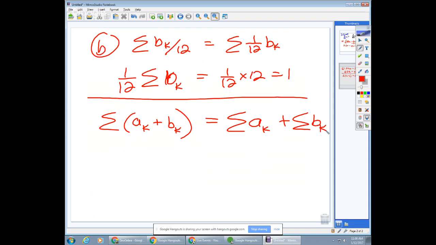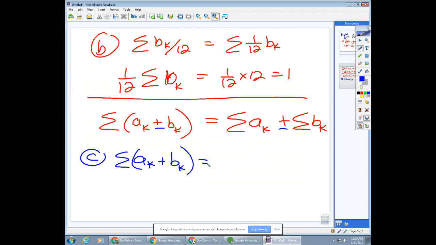And subtraction's really no different than addition. If that was a minus there, that would be a minus there. It depends on whether it was the plus or the minus, right? So in part C, they said do the plus version, a sub k plus b sub k.